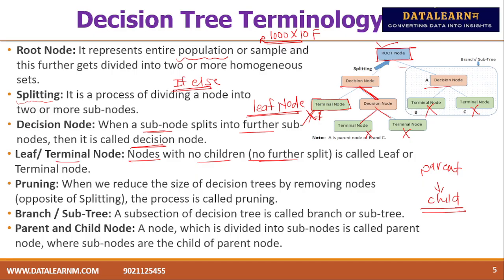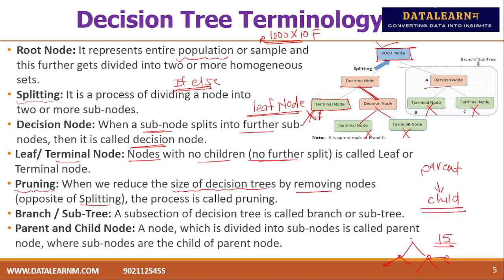No, sir. Okay, then there is a term called pruning. What is meant by pruning? It is when we reduce the size of a decision tree by removing nodes, the opposite of splitting, like we are cutting the tree. Suppose 15 features are there, so your tree will grow infinitely.